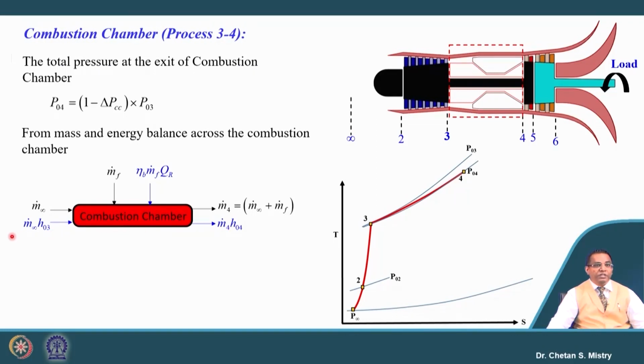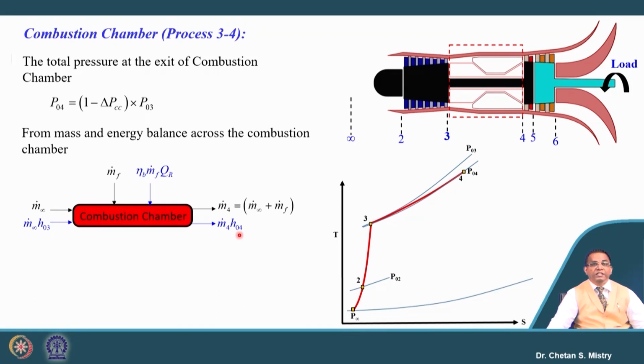This is representing the energy input to the combustion chamber. We can say it is m dot infinity into H03, plus the amount of fuel we are adding into calorific value and combustion chamber efficiency, that is representing the amount of heat input. And this is representing the flow which is coming out: m dot infinity into mf into this will be the temperature.